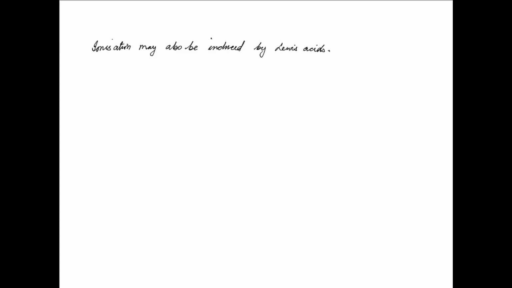For example, if you have this type of organic compound and it is reacted with BF3, this can result in the formation of an acyl cation and BF4 minus. Since BF3 is a Lewis acid, it can pick up the fluoride ion and then form the acyl cation. This is your acyl cation.